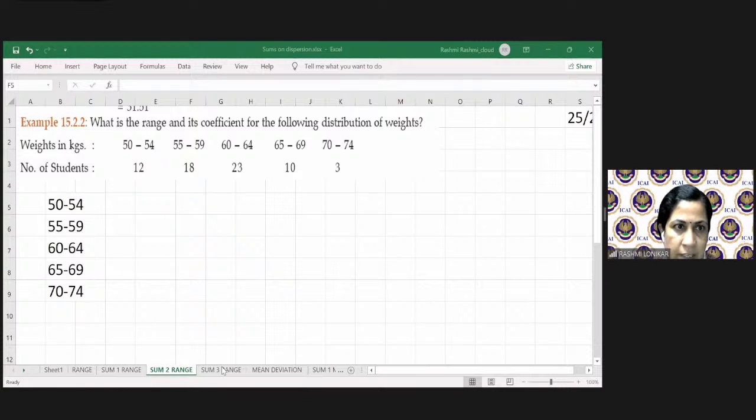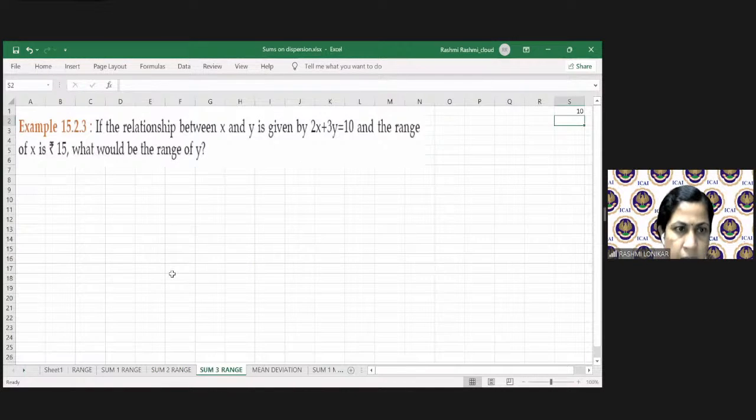Next sum we are taking is 15.2.3. What does it say? If the relation between x and y is given by 2x plus 3y is equal to 10 and the range of x is 15, then what would be the range of y?